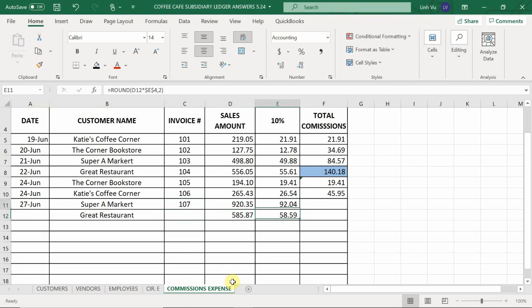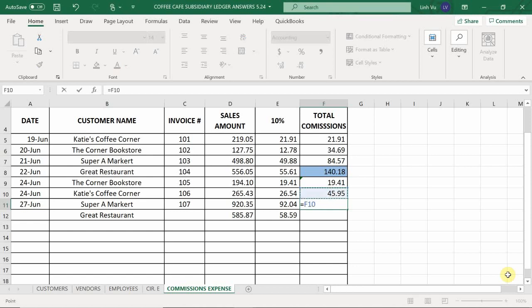Of course, we'll put our date. So our 10% of 920.35 should be 90.